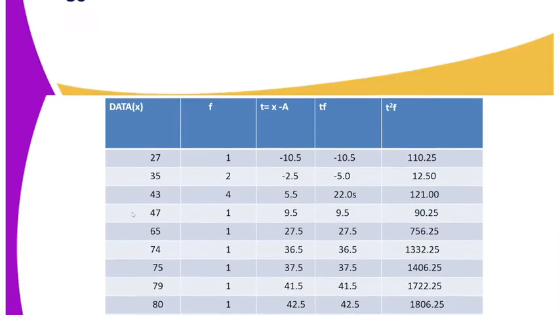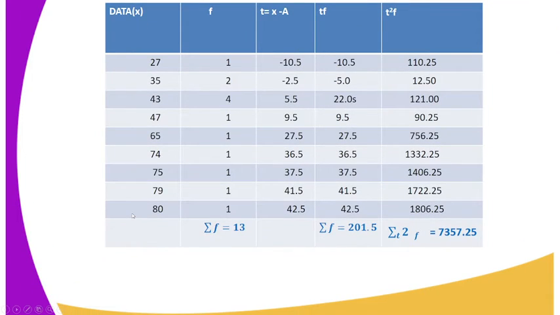We are supposed to come up with a frequency distribution table, and it should be made up of 5 columns. In the first column, you put the data which is already presented. Then you come up with the frequency column, and the third column should be t, that is deviation, which you calculate as follows.